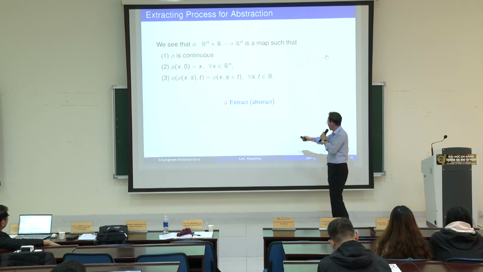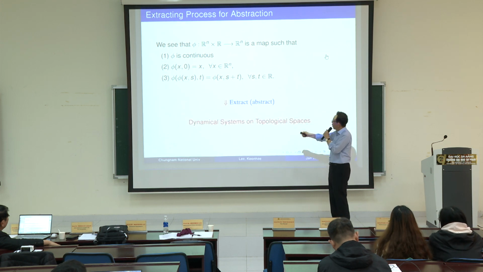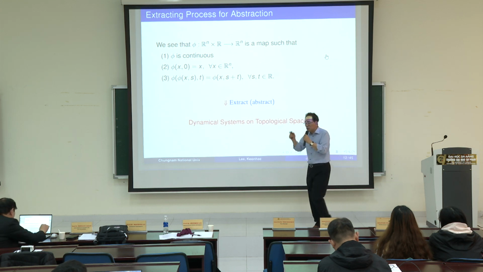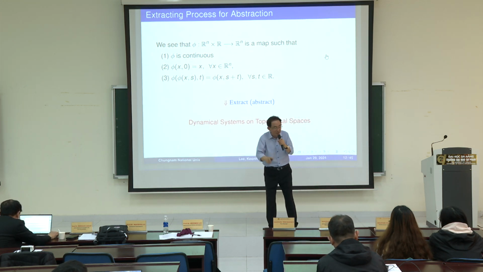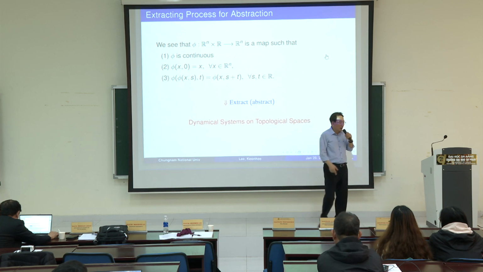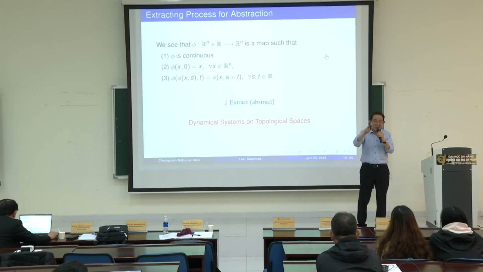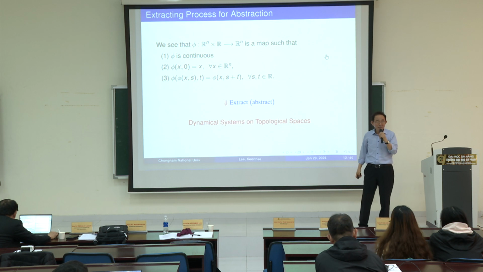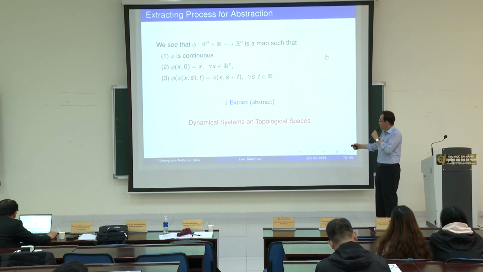Because we have continuity, and continuous means at least the space must be a topological space. In the case of a topological space, we can talk about continuity. So this is a dynamical system on a topological space, and we can abstract.